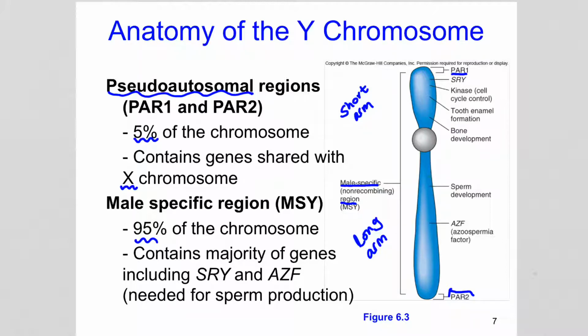So this is where we see the majority of our 231 genes. So this whole region of the chromosome actually contains many genes that relate to sperm production and therefore influence fertility. So our SRY gene produces hormones related to sperm production. We have this AZF gene, which also influences production.